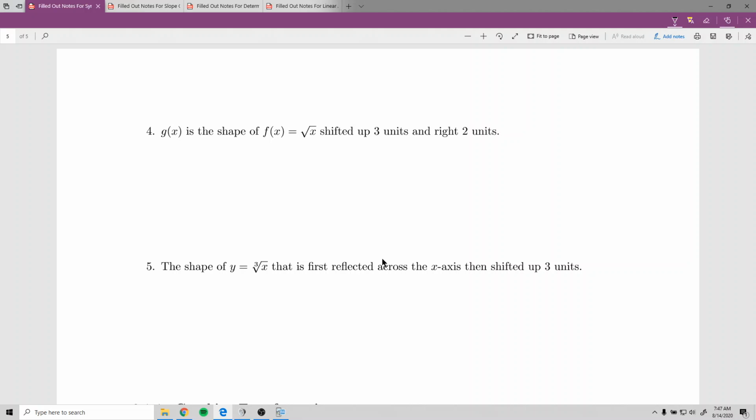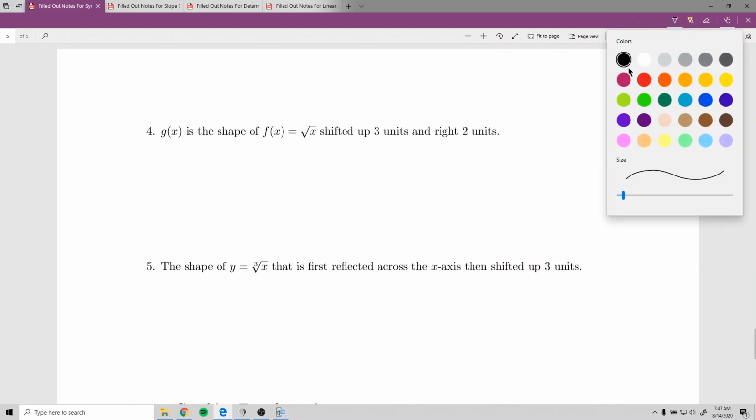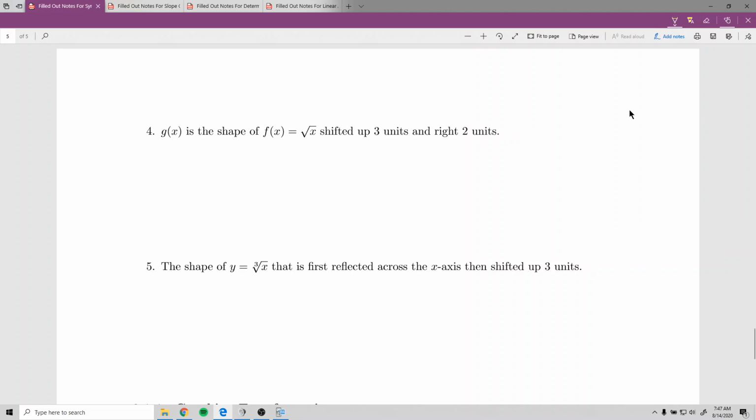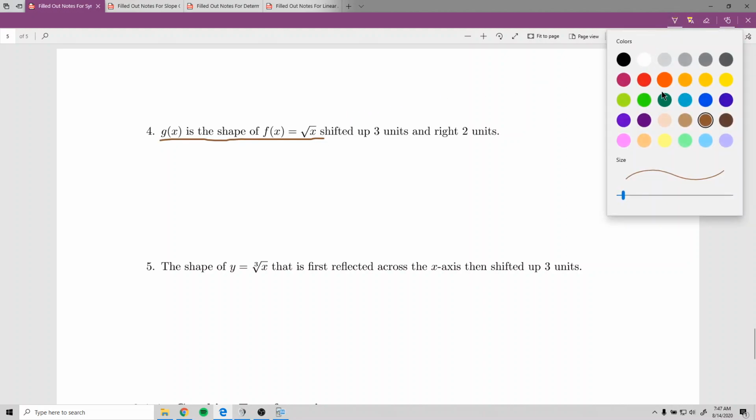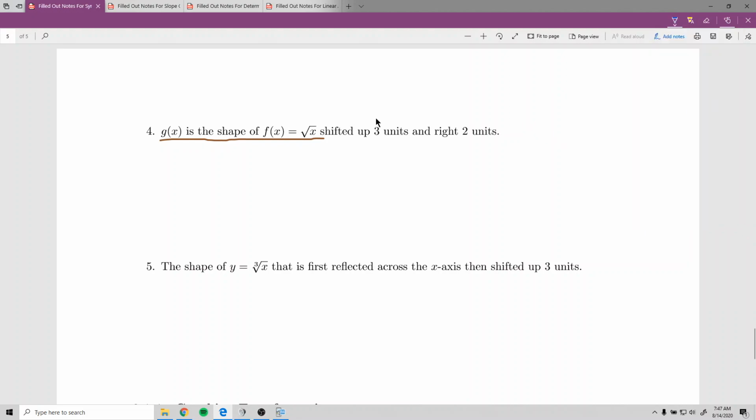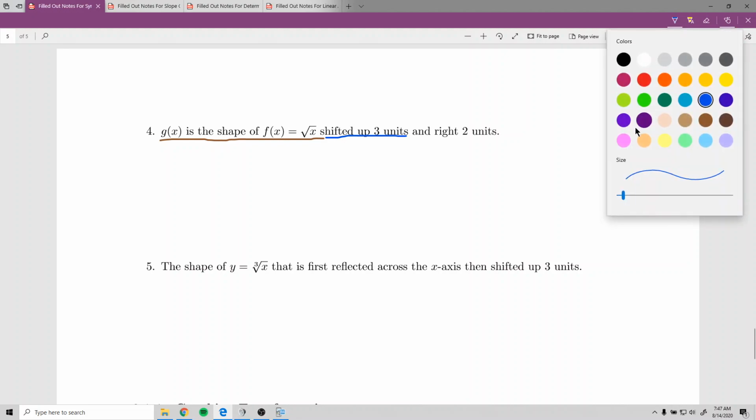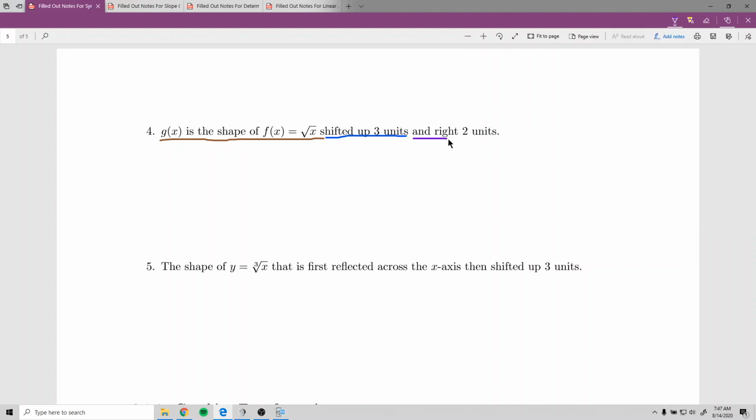All right, so we've got a couple more here. The next two deal with 2 transformations. But as long as you follow the rules, the one thing you got to make sure is you just do them in order. So we got g of x is the shape of f of x equals square root of x. We are shifted up 3 units and right 2 units.